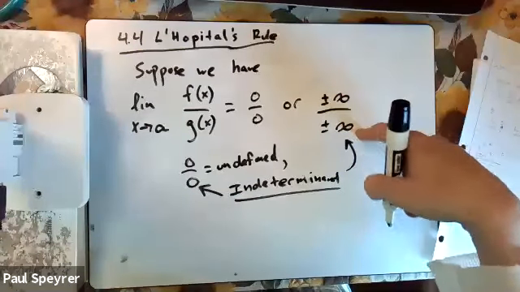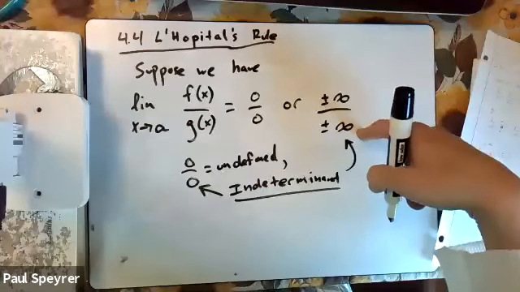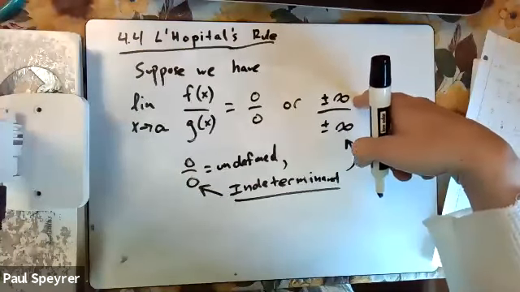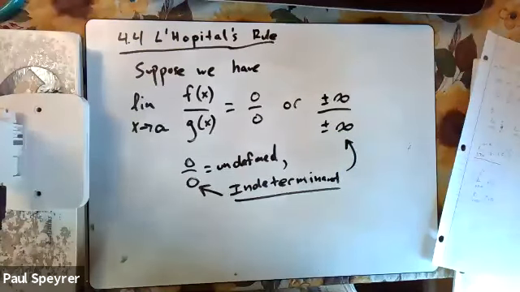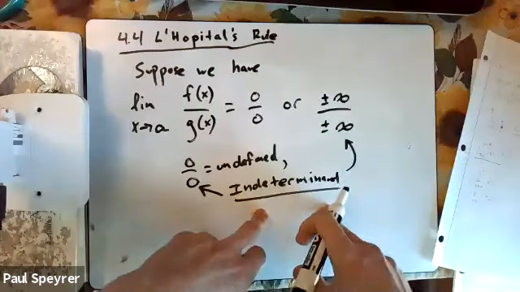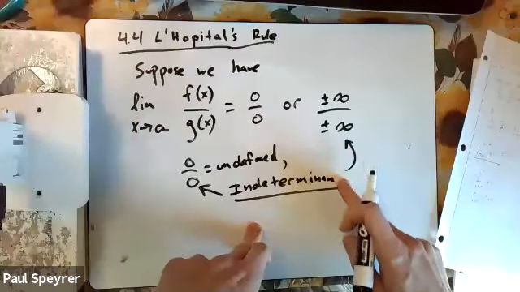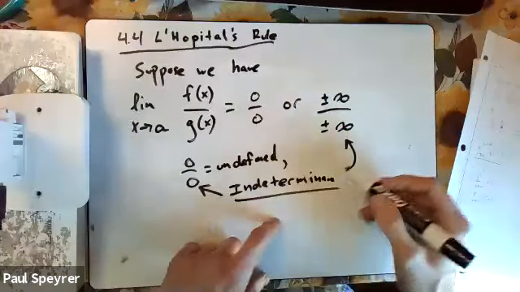So depending on which one's bigger, if the bottom one was bigger, then it would be going to 0. If the top infinity was bigger than the infinity on the bottom, then your overall limit would be going to positive infinity. So that's what we mean by indeterminate form: you can't conclude what it's going to. Okay.